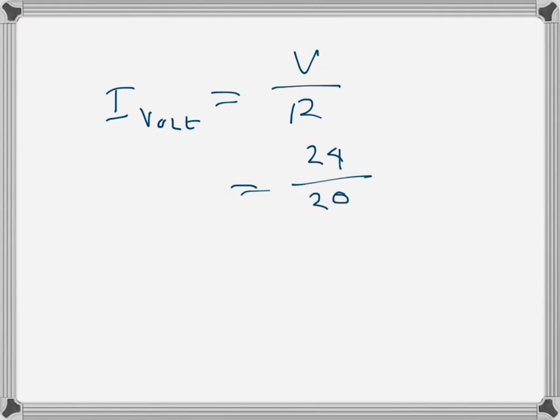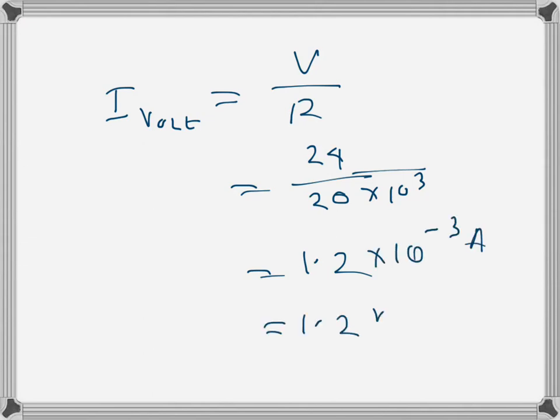So 20 kilo ohms is 20 times 10 to the power 3 ohms. So we can say 1.2 into 10 to the power minus 3 amps, which is 1.2 milliamps. Because this is volts and this is kilo ohms, the unit will be milliamps. We can just directly calculate, but I've written it like that. So that is the current that goes through the voltmeter.